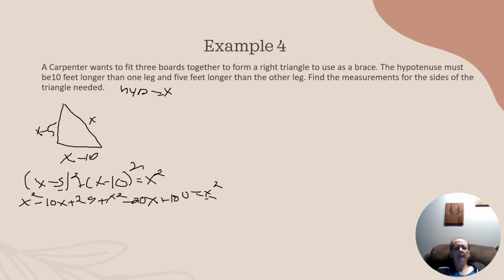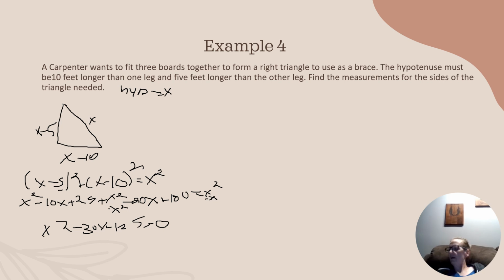So I'm going to subtract an x squared from both sides. And you can see one of them drops out. I'm left with x squared. Negative 10 minus 20x is negative 30x. 25 and 100 add to 125. So I'm looking for things that multiply to 125, that subtract to 30.